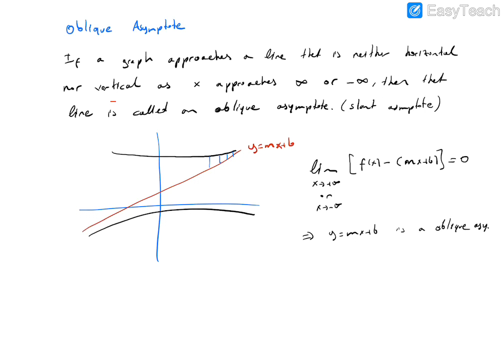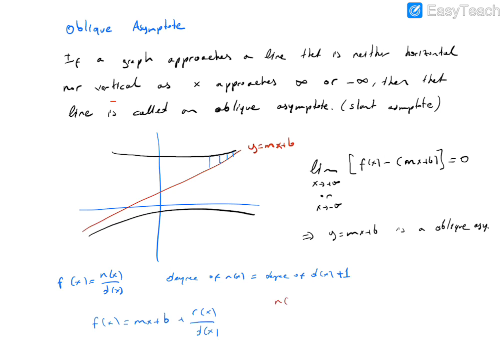So if f of x is of the form n of x over d of x, a rational function, where the degree of n of x is 1 more than the degree of d of x, then we can use polynomial division to write f of x in the form mx plus b plus remainder r of x over d of x. How can we write it? By using polynomial division.